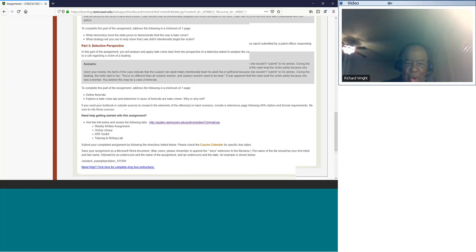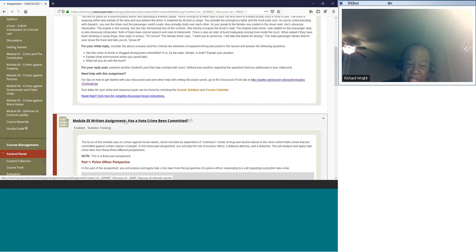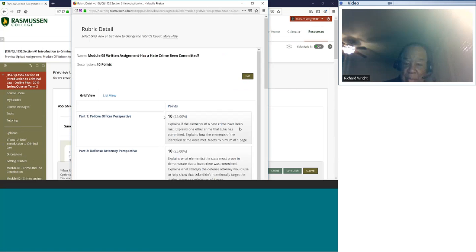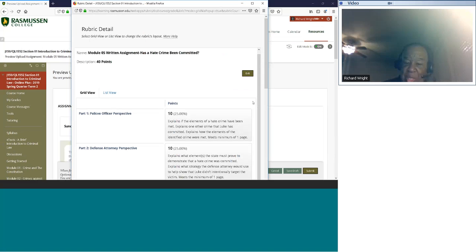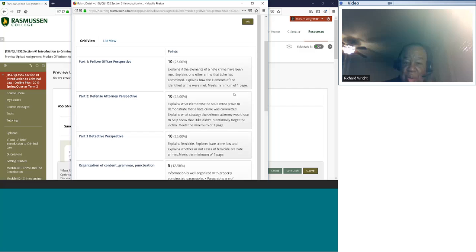And then, of course, you know what the rule is on the rubric, which is the same thing I just got through talking about. It's due Sunday the 9th, and here is the rubric. It tells you each part of the assignment. You can lose points here, here, and here.